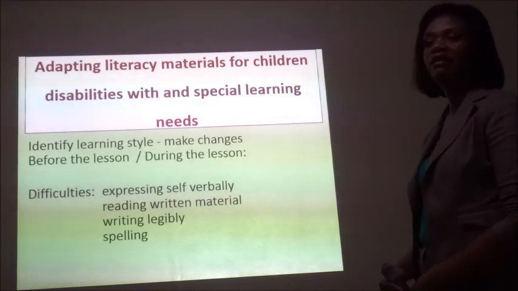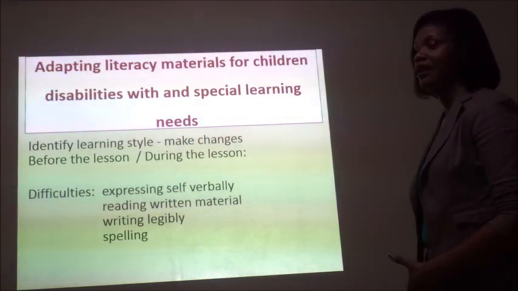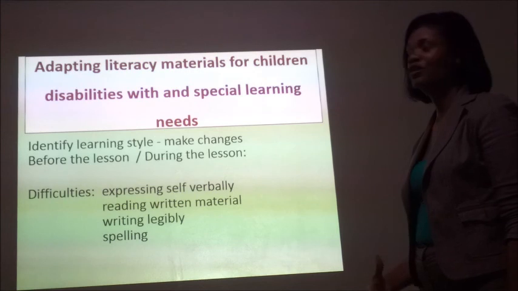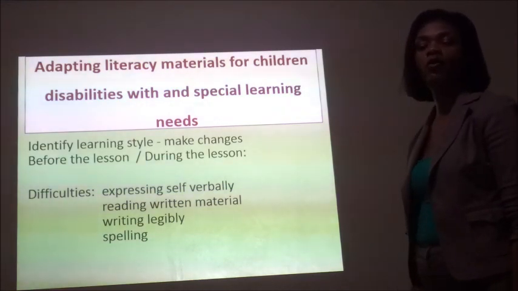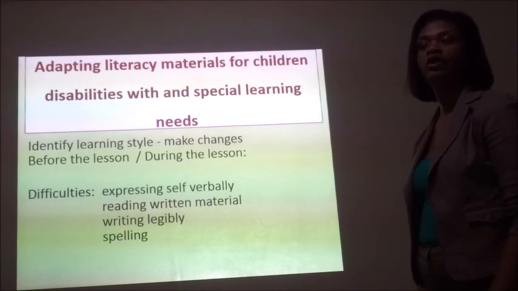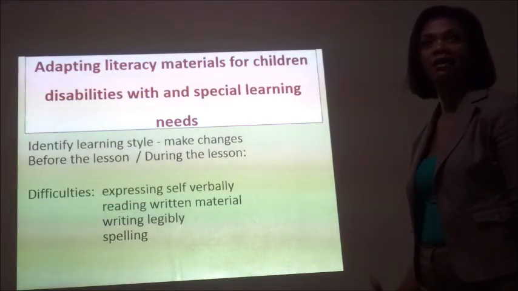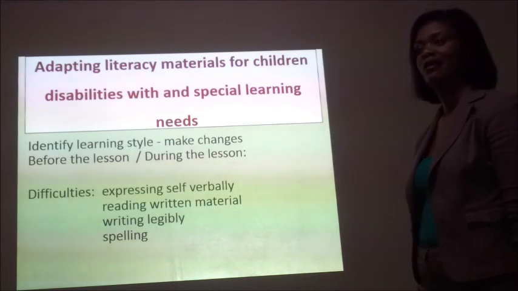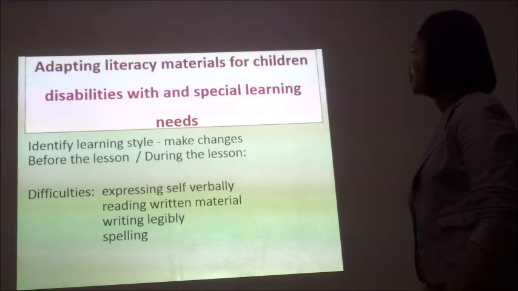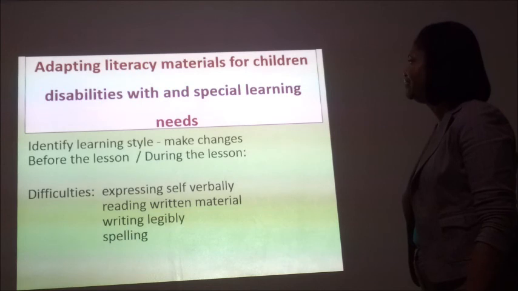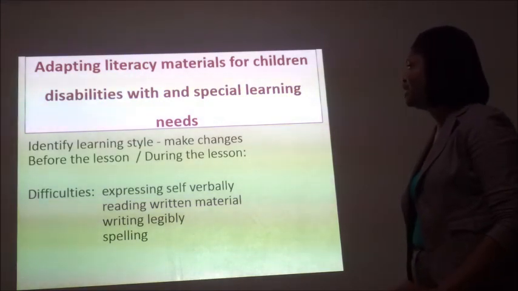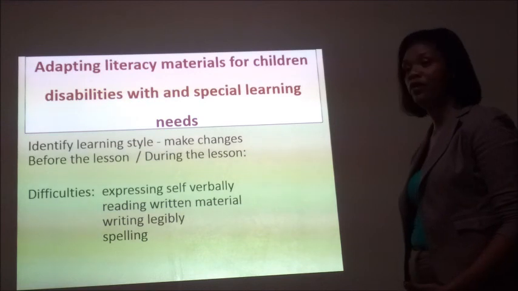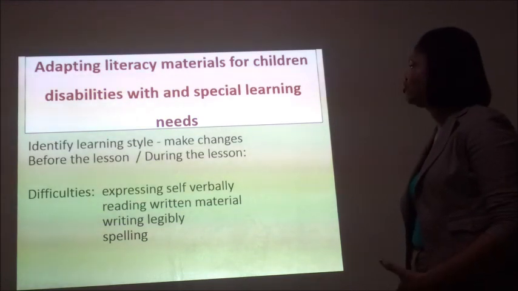Not all children learn at the same pace, and therefore you need to adapt your teaching material to help accommodate children who are unable to read, unable to write, unable to see, or are visually impaired, or hearing impaired. And so you do that by identifying the child's learning style and make changes to accommodate before the lesson or during the lesson.